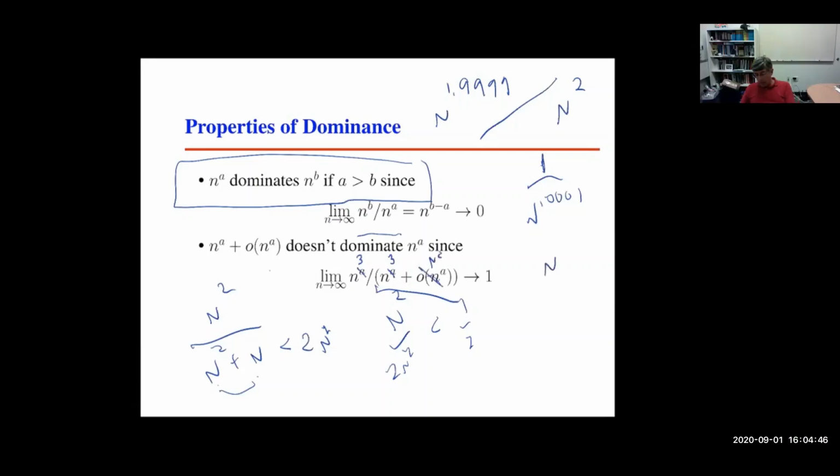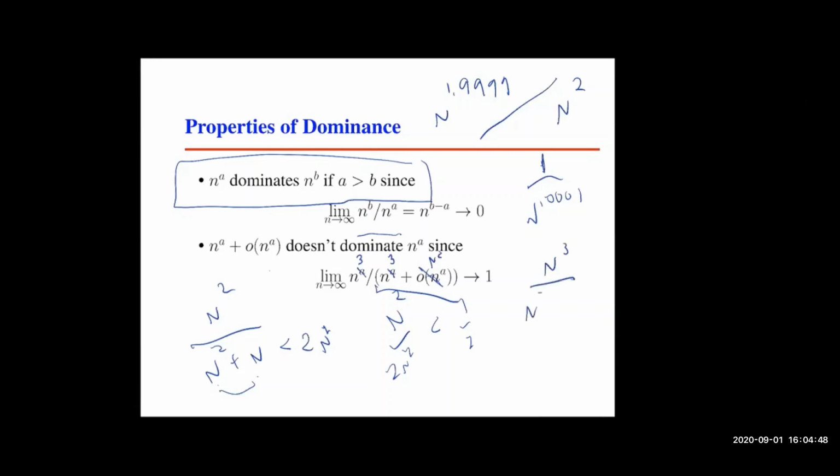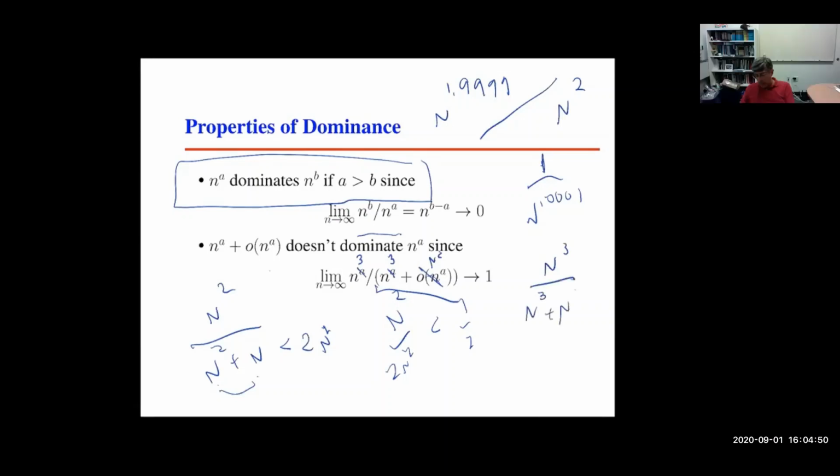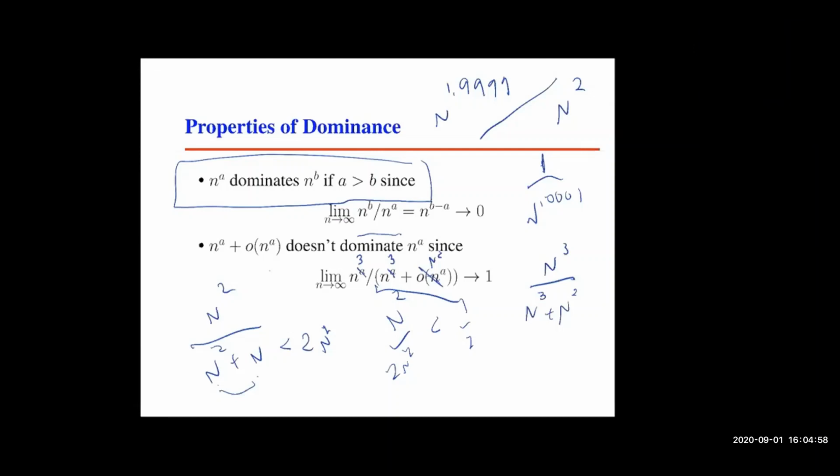What is the ratio of n cubed over n cubed plus n squared? As n gets larger and larger, this gets closer and closer to 1, not 0. Got it. Any questions about that?